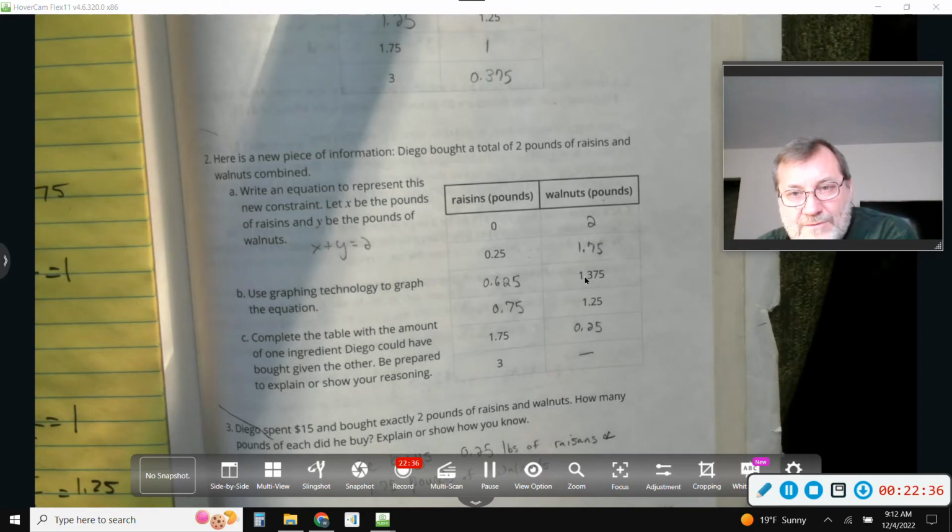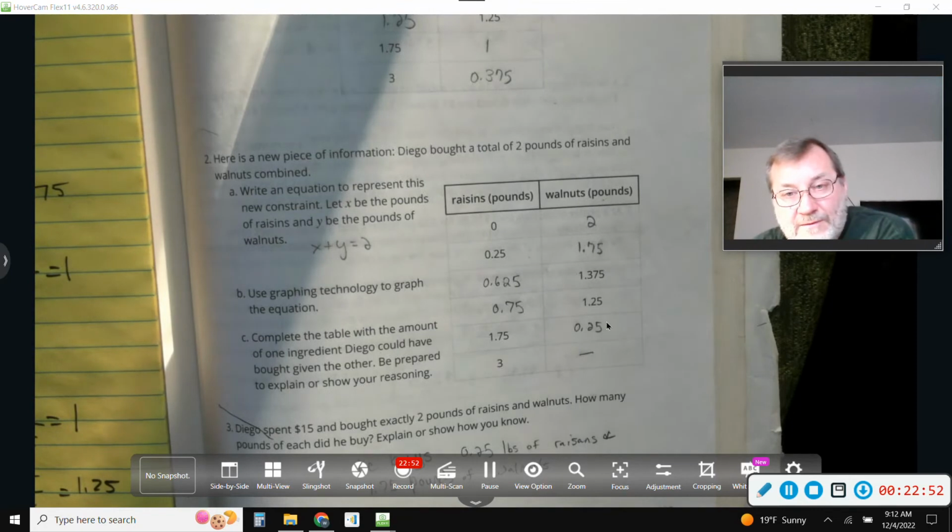Or you can take 2 and take away 1.375 and you'll get this number. 2 minus 1 1/4 is 0.75 left over. And if you're given 1.75, then both of these have to add up to 2. And so you get 0.25 pounds on that. Okay? This is using graph technology to graph the equation.